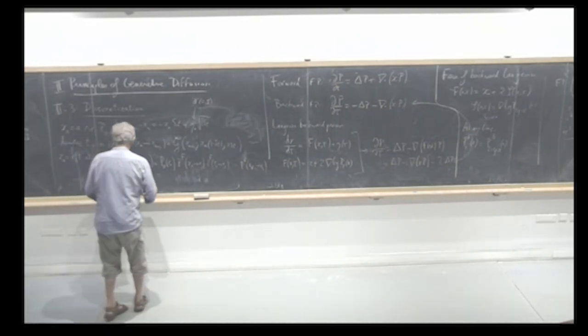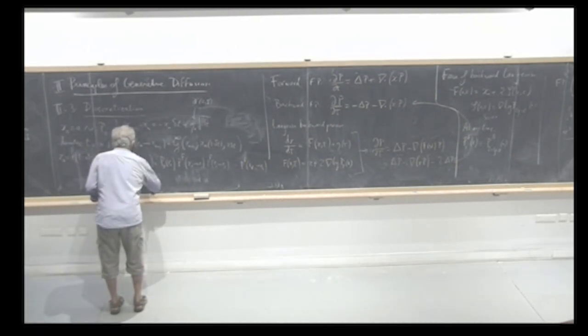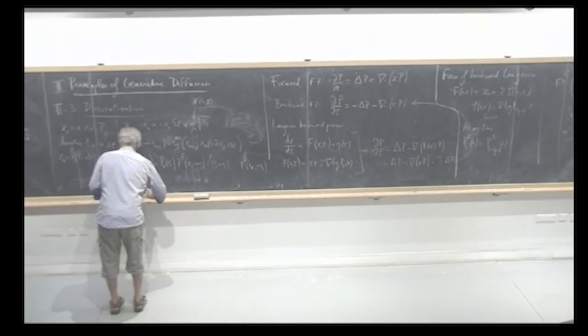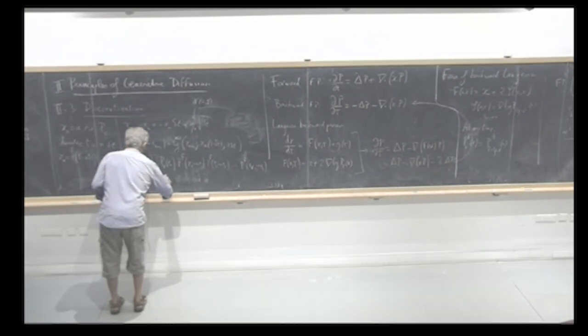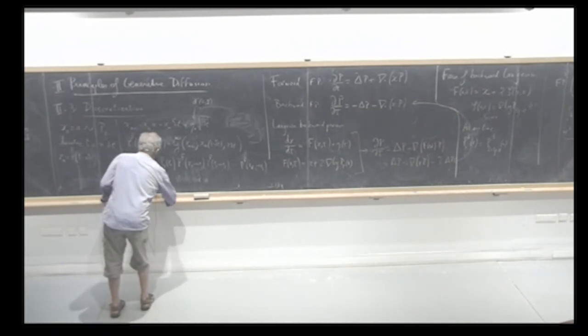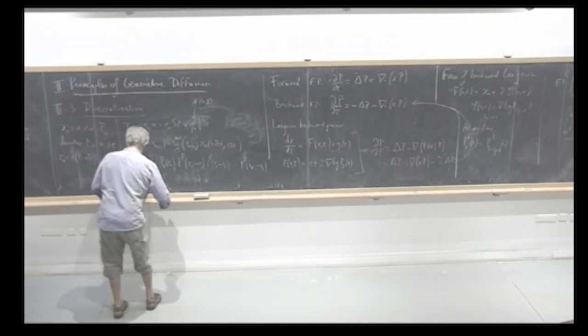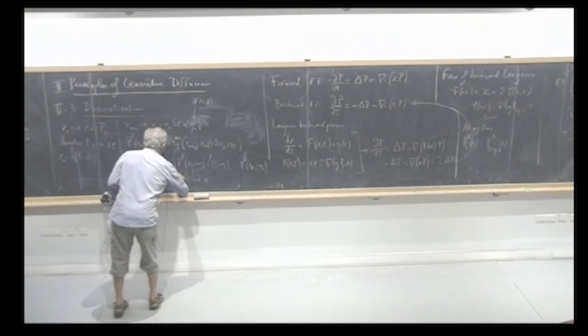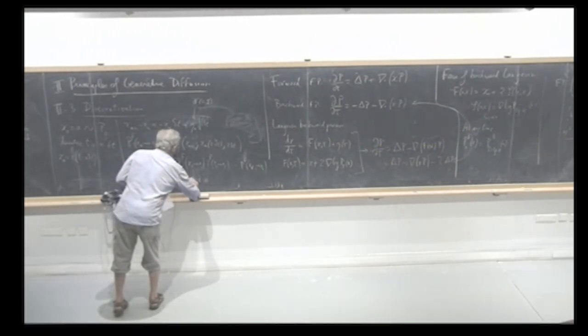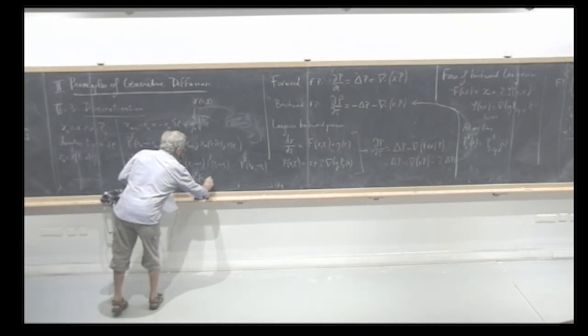We can identify the probability of xn plus 1, and that will be the sum over xn of the probability of xn times the transition probability from xn to xn plus 1.